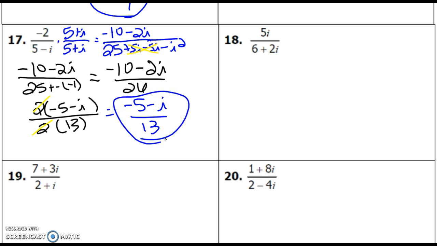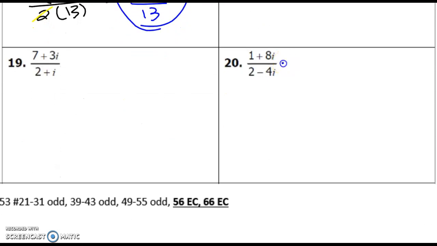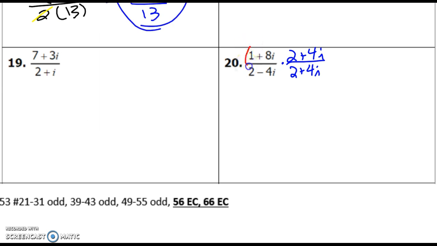All right, let's do one more of those. Let's do number 20. So we're going to multiply by the conjugate of the denominator, 2 plus 4i. 2 plus 4i. So this time, not only do we just need to FOIL the denominator, you also have to do it to the numerator. All right, so remember that it's like having a parentheses there.